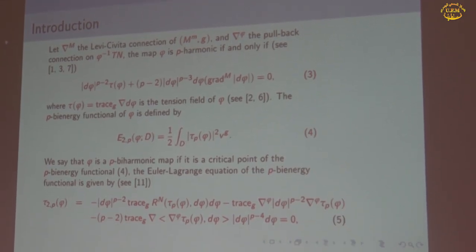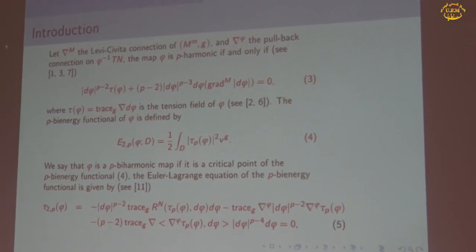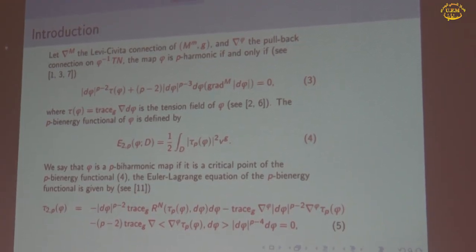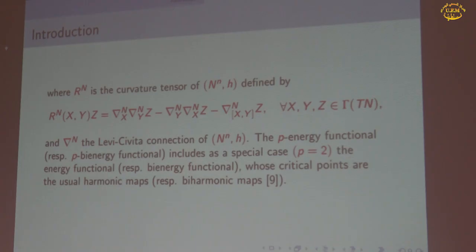Here R is the Riemannian curvature. Here we have the tension of φ, the P-tension, and the norm of the Hilbert-Schmidt. Its curvature tension is defined by the following, where ∇ is the differential connection.